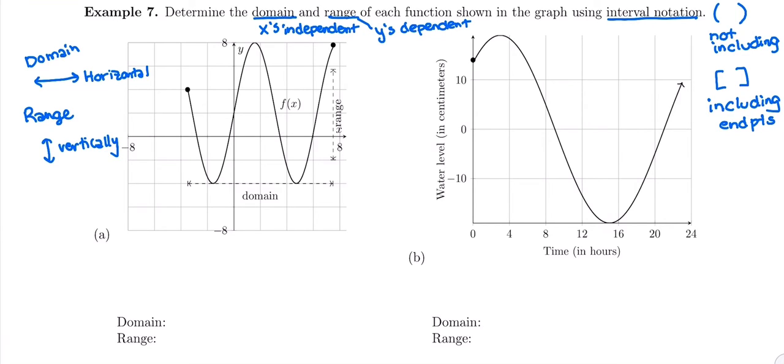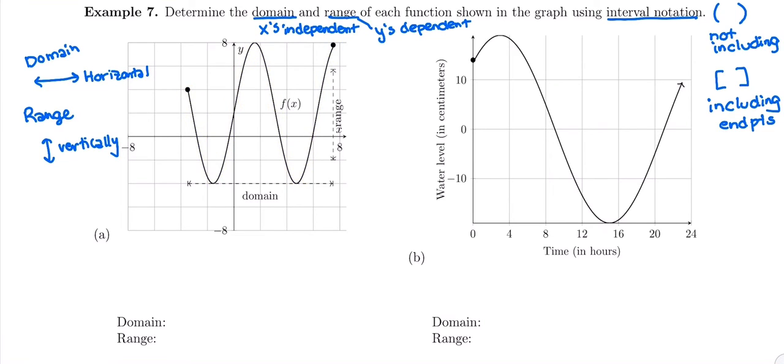So looking at this graph, if we trace it, we're starting at an x value that looks like it's somewhere between 0 and -8. So somewhere close to, say, -4. It looks about halfway. And then we're going through, and the x values, we're stopping at a little bit less than 8.